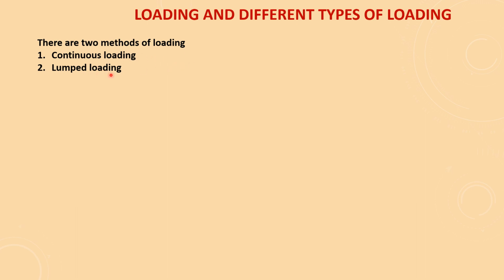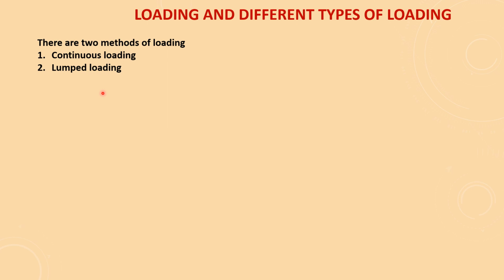Lumped loading is where we add the inductance at equal distances. We can call each one a section. So the inductance sections are added at equal distances, for example in terms of lumps at uniform distances.